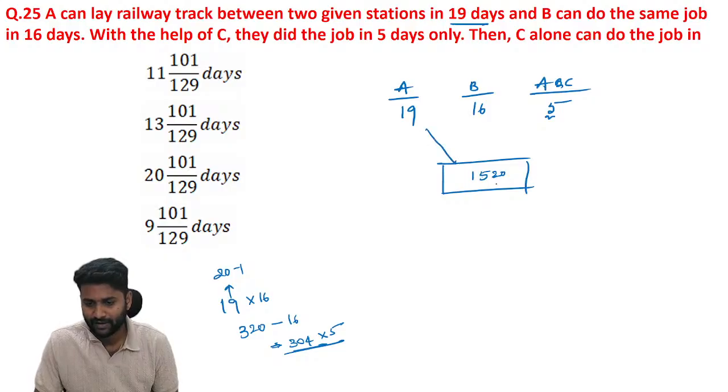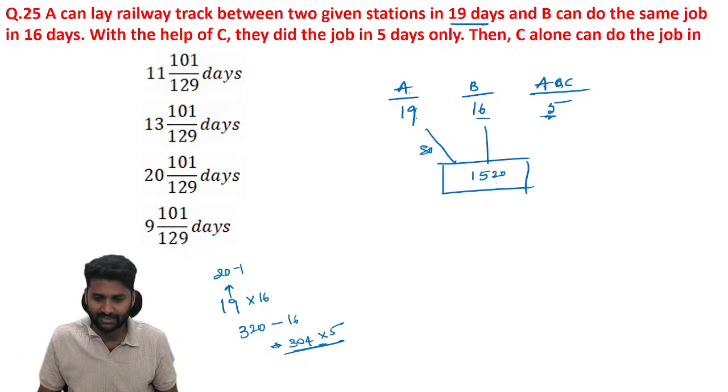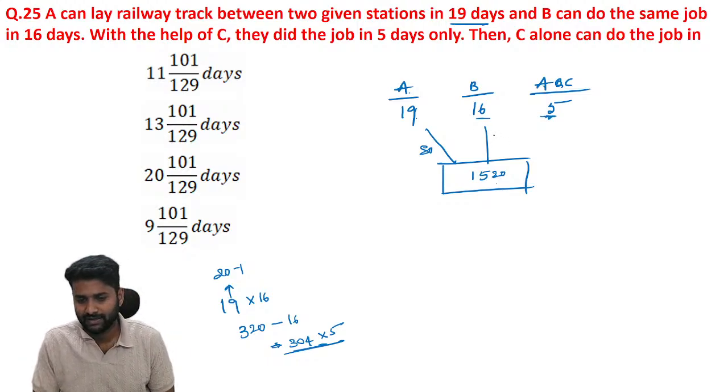See, 1520 is divided by 19, so 16 into 5 is the product value, 80 units. For B the value is all about 19, 19 into 5 is 95. All three are different numbers. Again, 19 into 16 is 304.